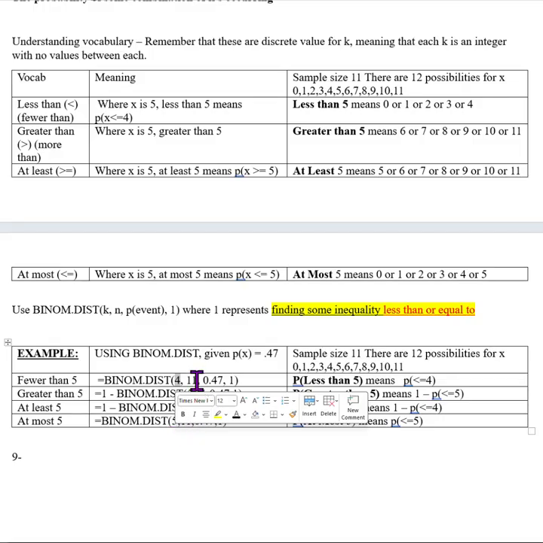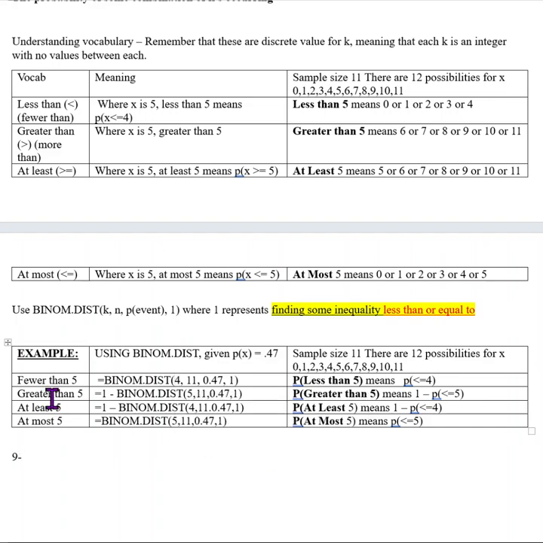I put an 11 in for the n, probability of events 47, and now I use a 1 because I'm doing a cumulative. I'm not looking at just one chance of 4 winning or just a chance of 3. I'm looking at fewer than 5 winning. And so I write it this way. That's what it means.